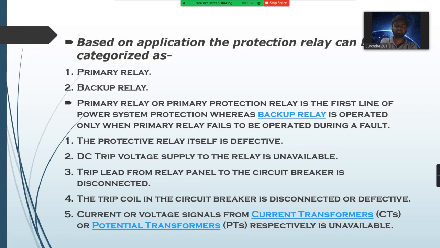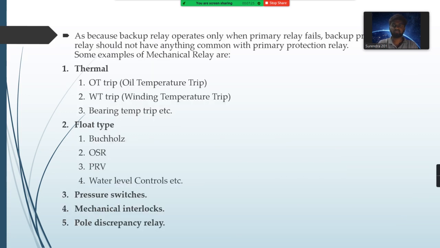Or the trip lead from the relay panel to the circuit breaker is disconnected. Or the trip coil in the circuit breaker is disconnected or defective, or the current or voltage signals from the current transformers or potential transformers respectively are unavailable. So the application of protection relays is characterized into these two relays, primary and backup, as I explained just now.